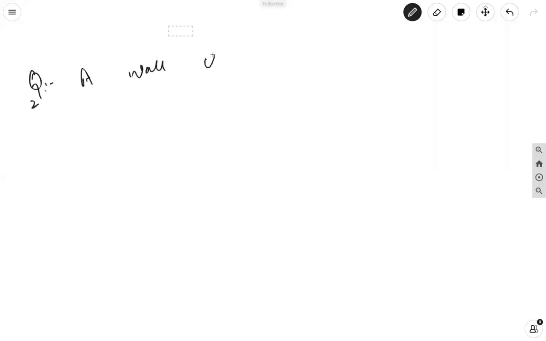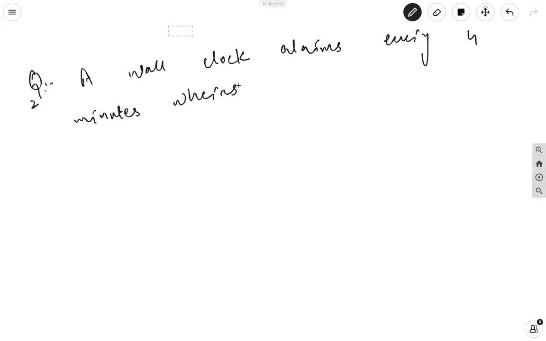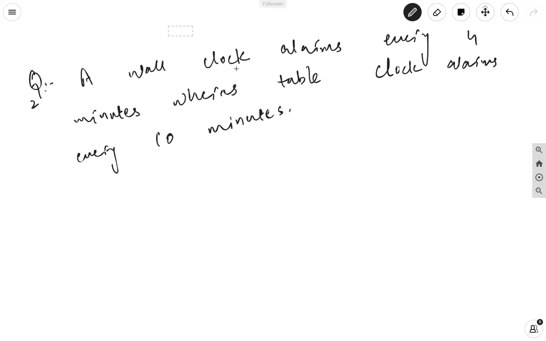A wall clock alarms every 4 minutes, whereas a table clock alarms every 10 minutes.